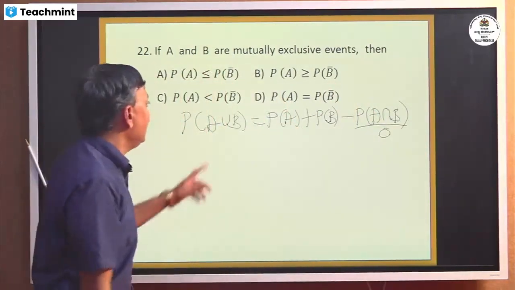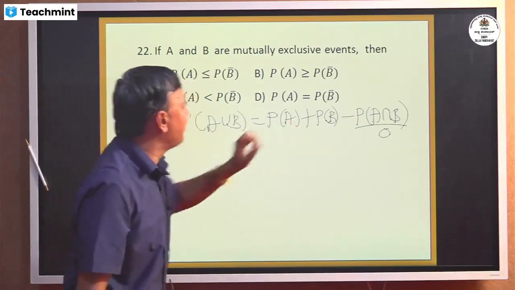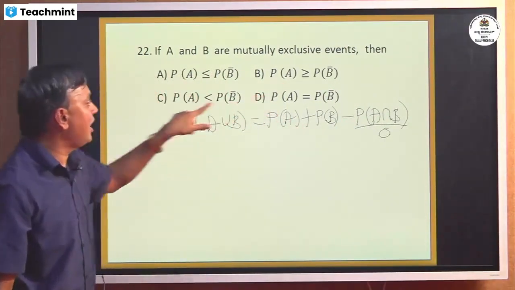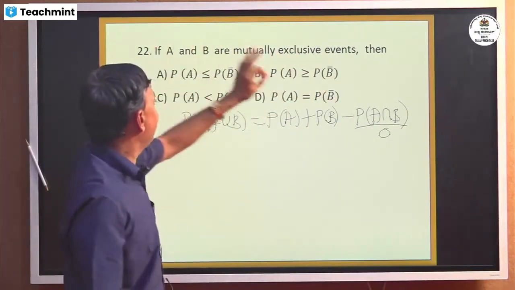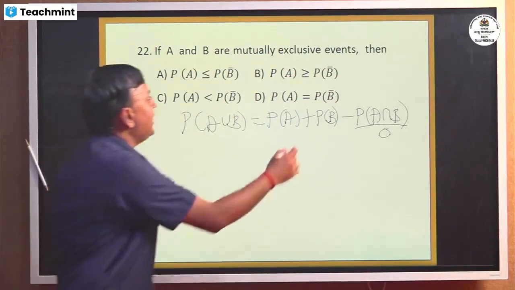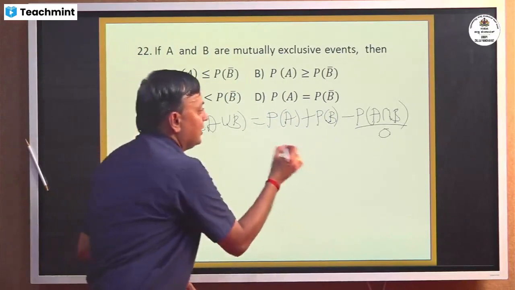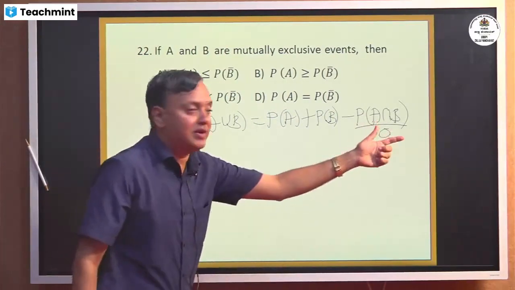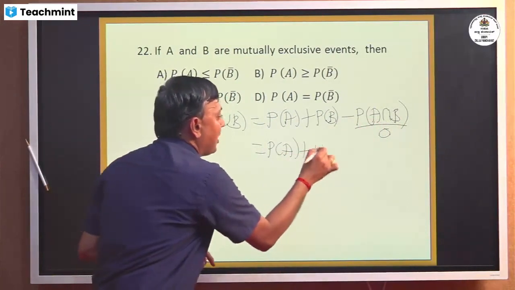Correct? So probability of A union B is equal to probability of A plus probability of B. For mutually exclusive events, the intersection term is 0. The remainder is probability of A plus probability of B.